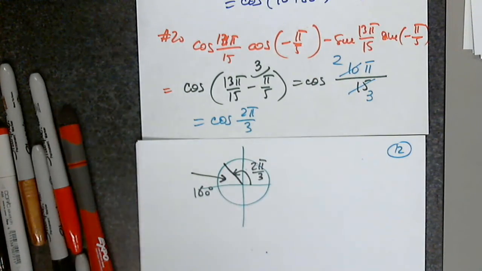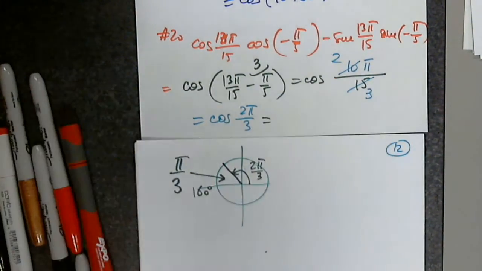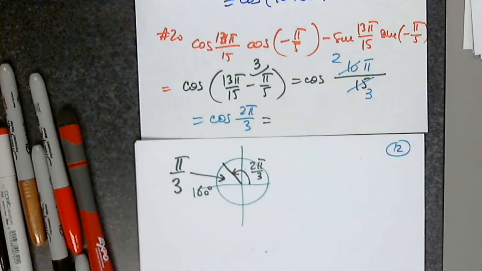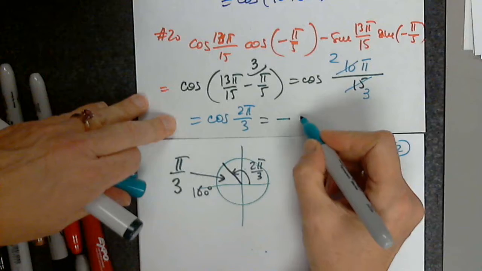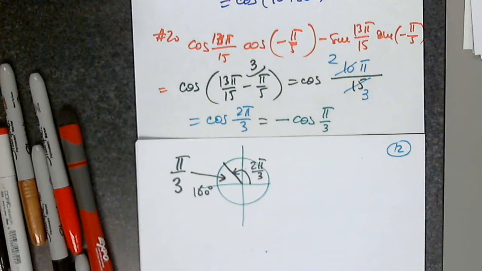What is the reference angle? Exactly. So now I have to think, what is the sign of cosine in the second quadrant? Perfect. So this is minus cosine pi over 3. Pi over 3 is at the bottom of the chart, and cosine is the first column.